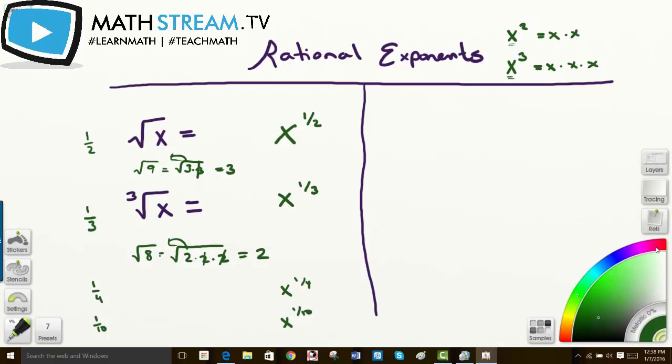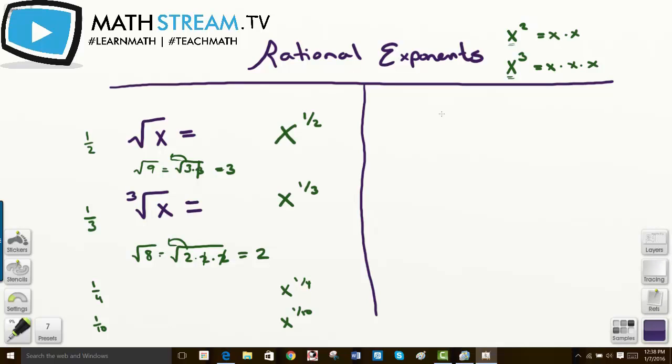Let's apply that to an expression. So let's say I took the number 10, and I wanted to take the square root of that number, and then I wanted to cube it. Now we're not going to solve it, we're just going to rewrite. Right now we're not solving, we're just rewriting. I could rewrite this as the square root of 10 to the power of 3.